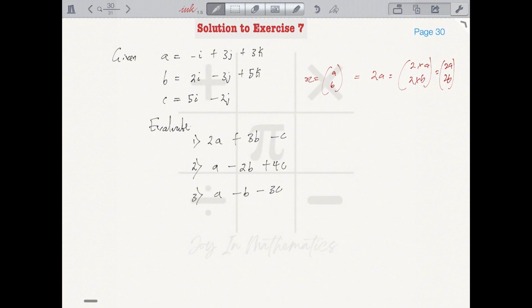So therefore, if I convert X to component form in unit vector, that will be Ai plus Bj.